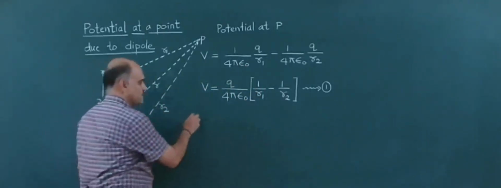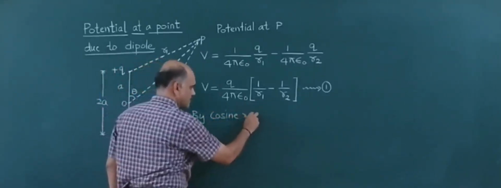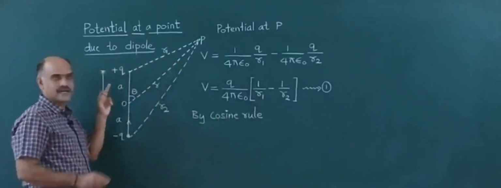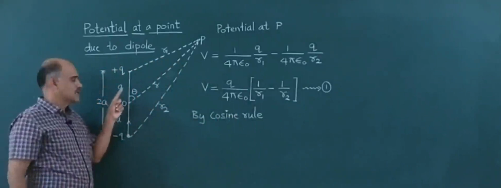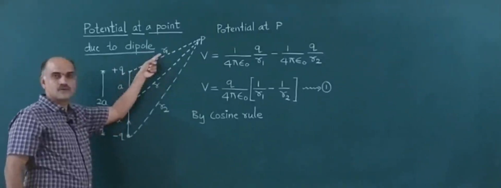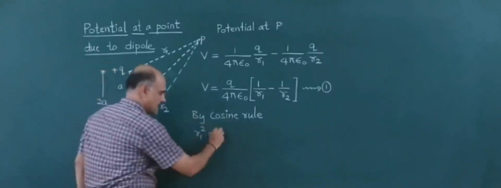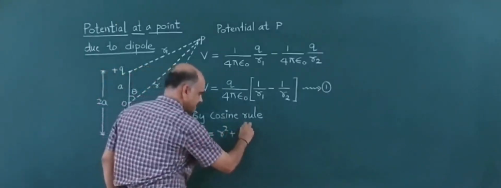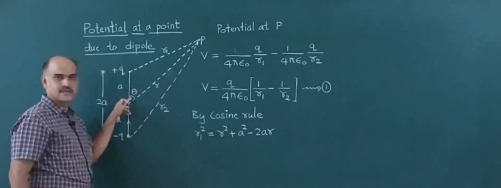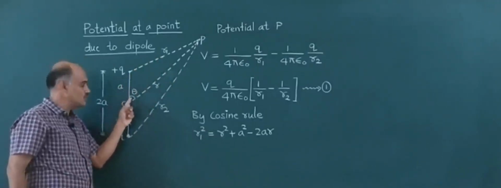By the cosine rule, which you have studied in first year, if I take this triangle, this angle is theta. For the side opposite to it, by the cosine rule I can write R1 square is equal to the other two sides, R square plus A square, minus 2AR into cos theta, the angle between these two sides.